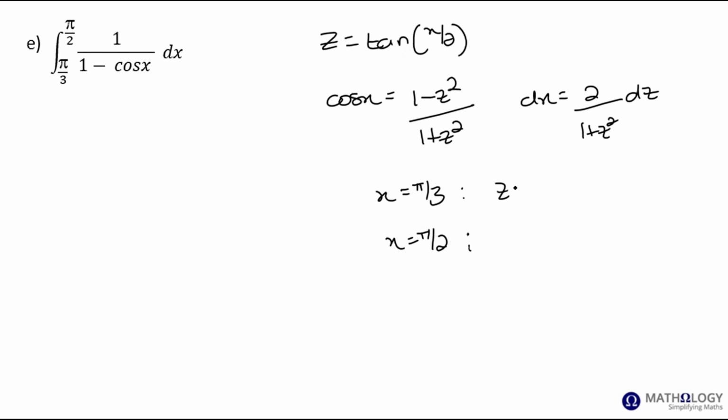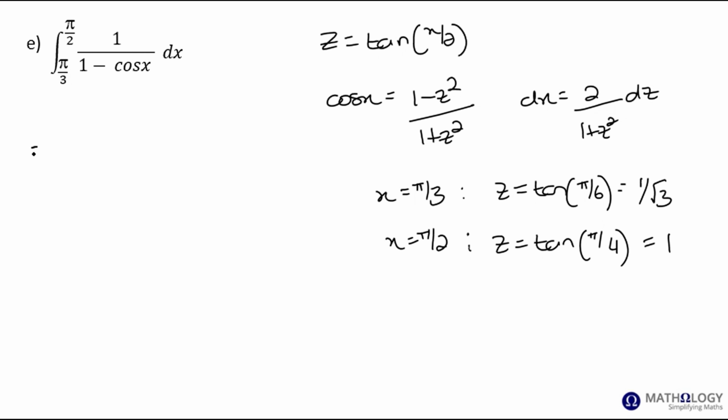So z equals tan of pi over 3 over 2, which is pi by 6, and that is tan 30 degrees, which is 1 over root 3. When x equals pi over 2, then z will be tan of pi over 2 over 2, which is pi by 4, and tan pi by 4 is 1.